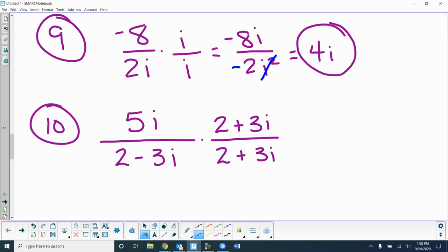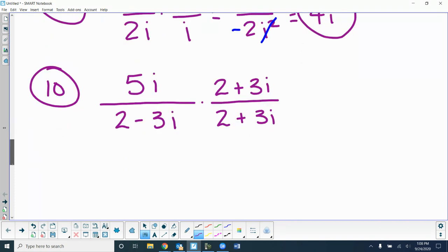Remember to change the sign. Every year I get people that'll put 2 minus 3i over 2 minus 3i. It's the opposite symbol in between. If this was negative 2, this would still be negative 2 over here. The only thing that changes is the minus to a plus or plus to a minus. Okay?